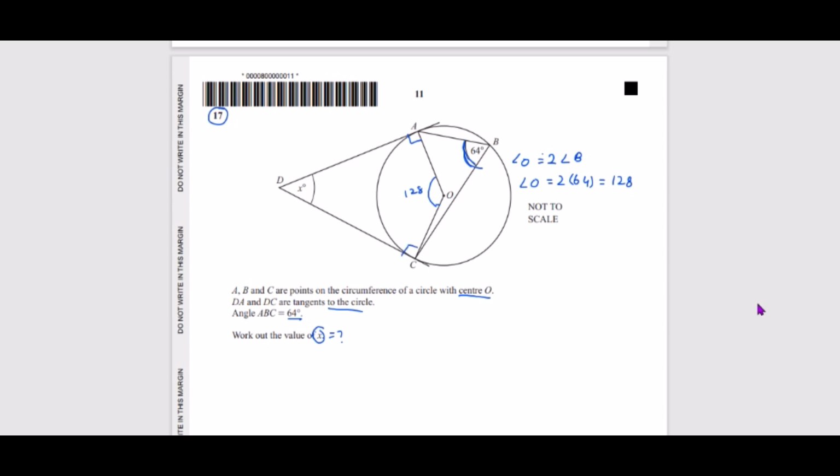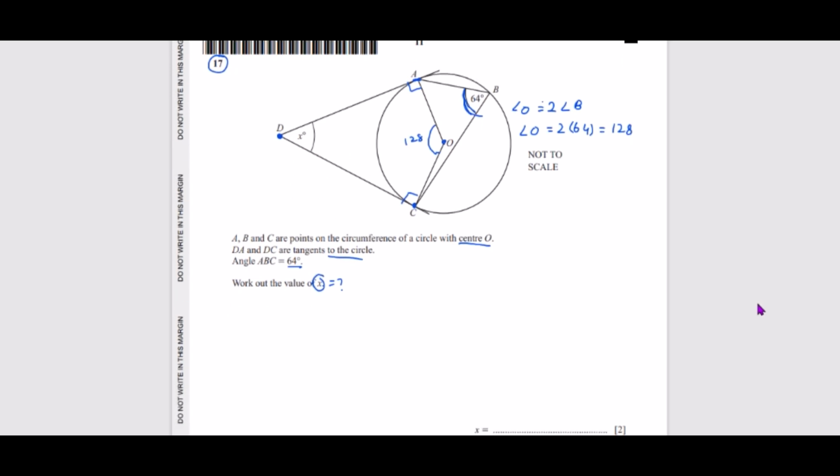Now we find the value of x. This point, this point, this point, and this point. These are 4 points. A 4-point shape is called a quadrilateral. The sum of these angles is equal to 360.